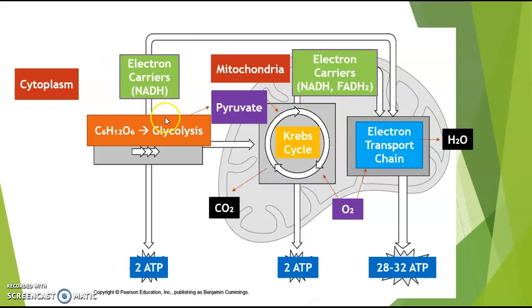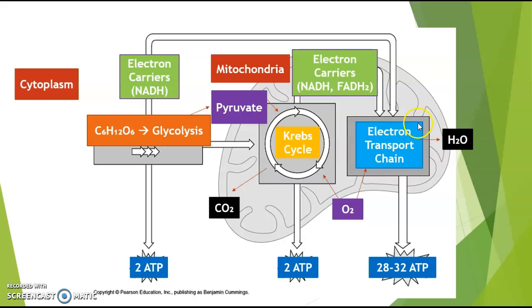So you have energy from the first step of glycolysis being sent over in the form of NADH, and then the Krebs cycle sends more energy molecules in the form of NADs and FADs over. Releasing CO2 and energy.